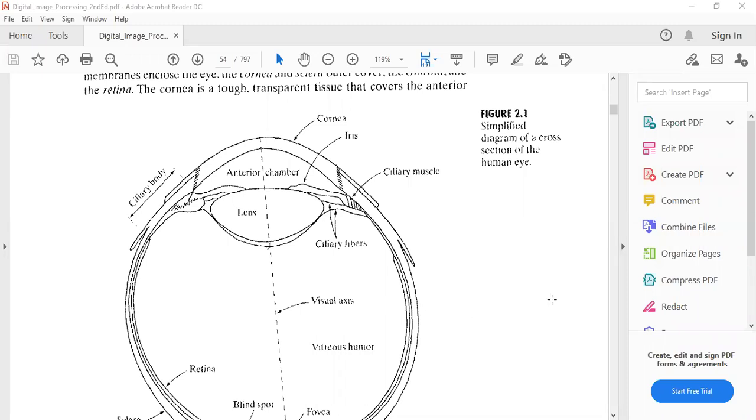As I said, these lenses are connected to the iris and the ciliary muscles, which are connected to the outer part of the eye. And the lens has 60 to 70% of water and 6% of fat.